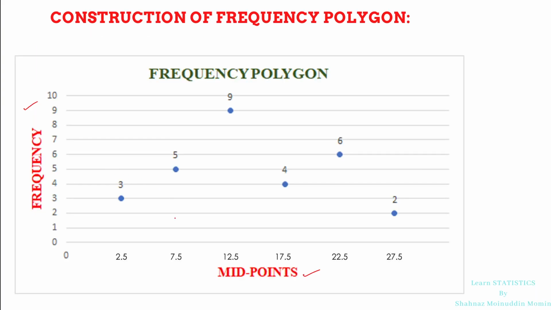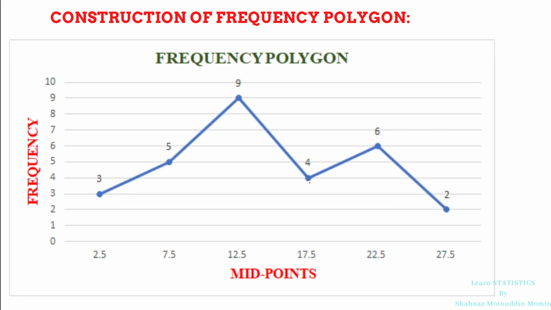So 2.5 has frequency 3, the first point. For 7.5 its frequency is 5, like that. After plotting all these points, join them with a straight line. If we join these points with straight lines, we get the frequency polygon like this. Join all the points with the help of straight lines.